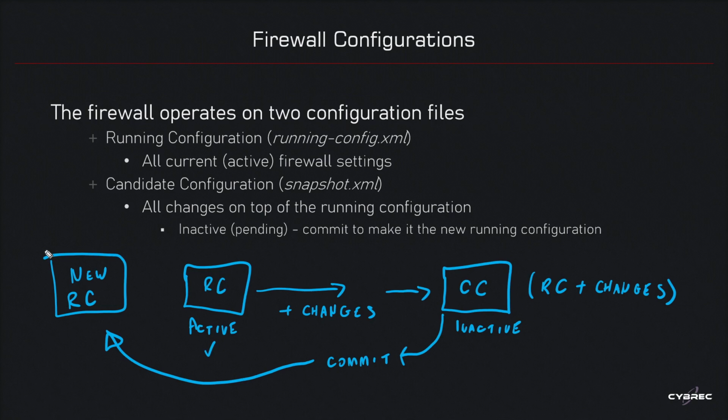So this basically means that the running config is overridden with the changes from the candidate config, and this becomes the new active configuration. So this is the result of the commit operation. But before we make a commit, we now know that the changes we made to the system are inactive.